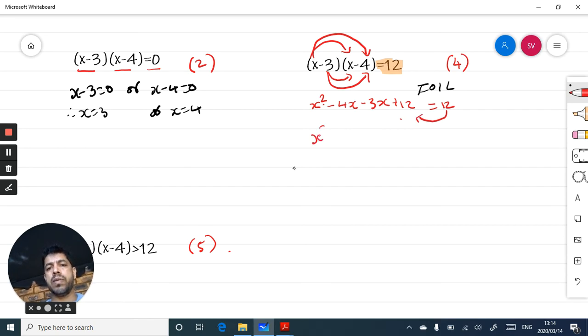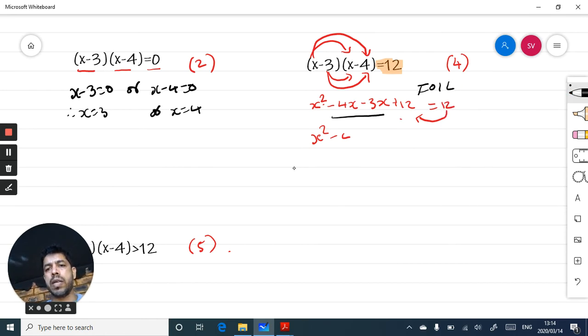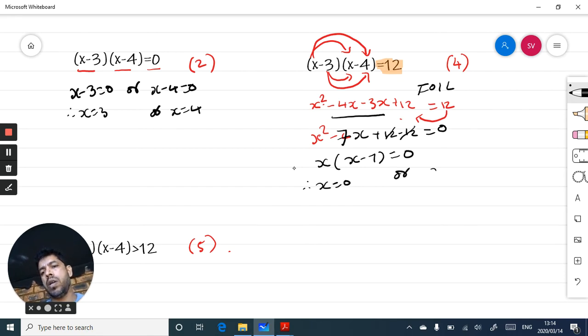Transpose 12 to the other side: x squared, minus 3x minus 4x, putting the like terms together, minus 7x, plus 12 minus 12 equals 0. Cancellation, you can take it out, x common here, x times x minus 7 equals 0, and therefore x equals 0 or x equals 7.